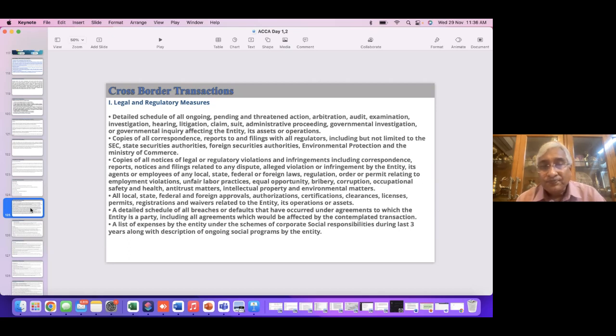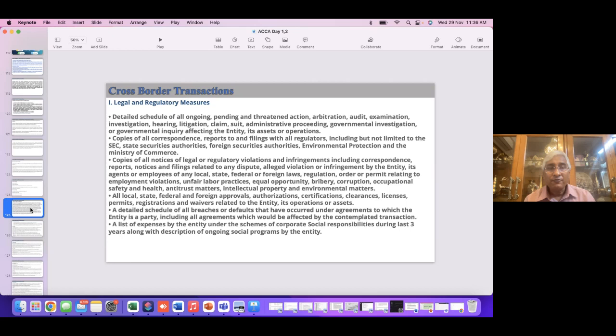Local, state, federal, or foreign approvals, authorizations, certifications, clearances, licenses, permits, registrations, waivers related to the entity, its operations and assets. So when it is not done, as I mentioned today also and am repeatedly saying, if you are complying with the regulations, then it is not a problem.